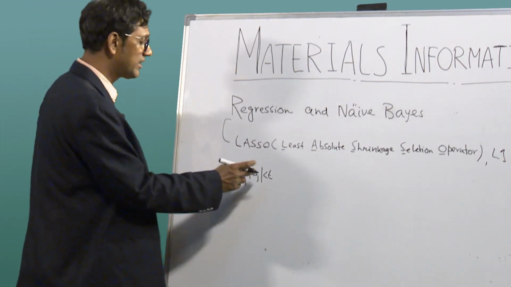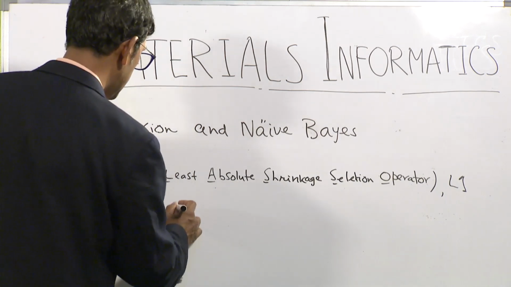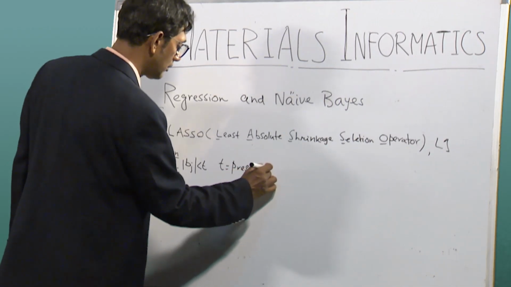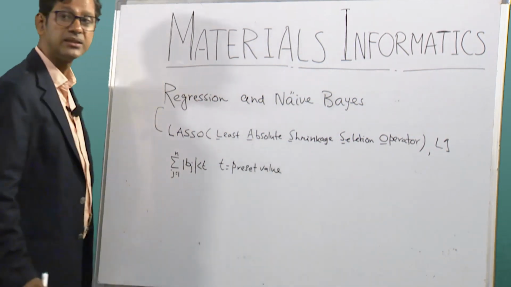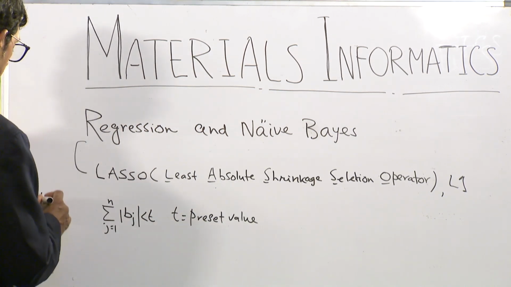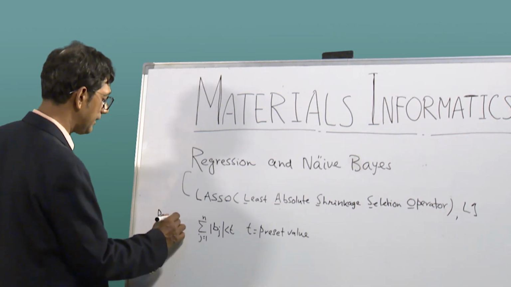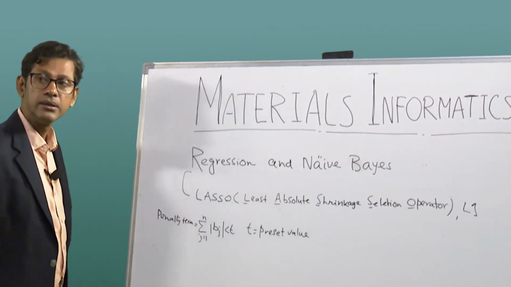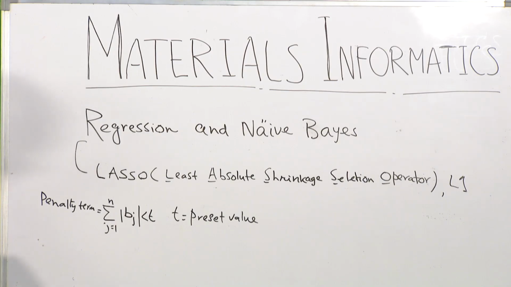Remember, this t is a preset value. You can decide that preset value yourself when you model it, depending on the character of the data. This is the penalty term we add in the lasso model.